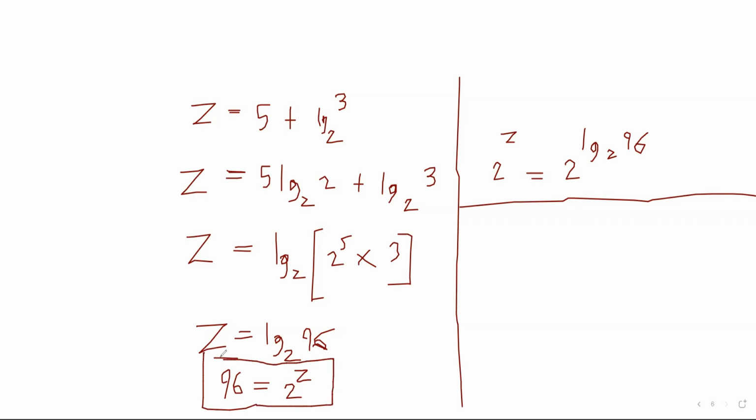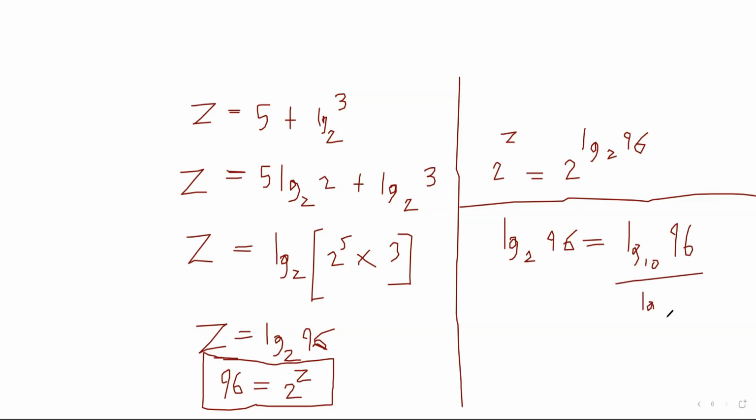Using the definition of logarithm, 2 to the z is 96. Remember, the definition says base to the power equals the number. Another way: 2 to the z is 2 to the log to base 2 of 96. You can use the change of base law and realize that log to base 2 of 96 is equal to log to base 10 of 96 over log to base 10 of 2.